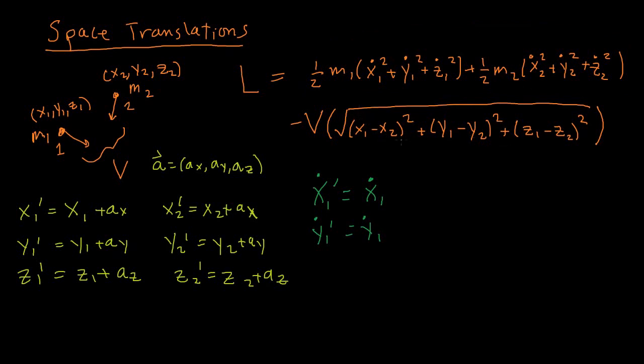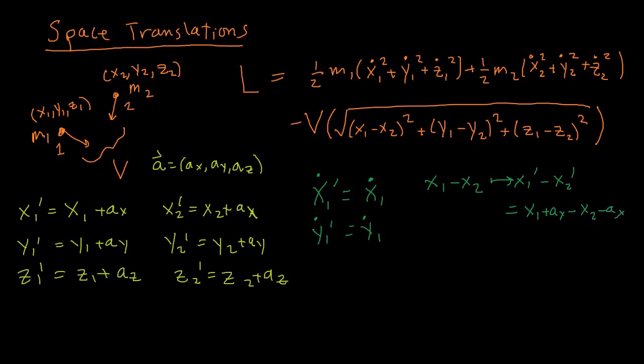Now, does the potential energy change? Well, no, because, for example, for x1 minus x2, we would instead put x1 prime minus x2 prime, but that's just equal to x1 plus a sub x minus x2 minus a sub x.